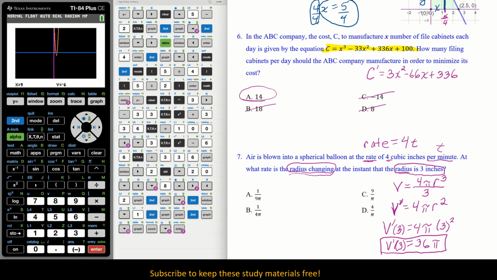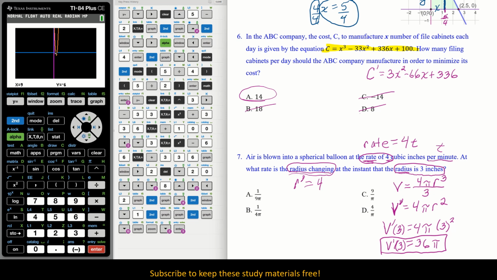This is just something you're going to have to remember how to do. We have the volume at the first derivative, and we need the rate at the first derivative. That rate is actually 4, so we're using R prime.